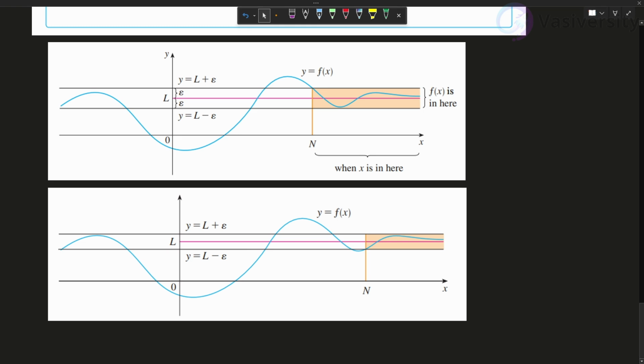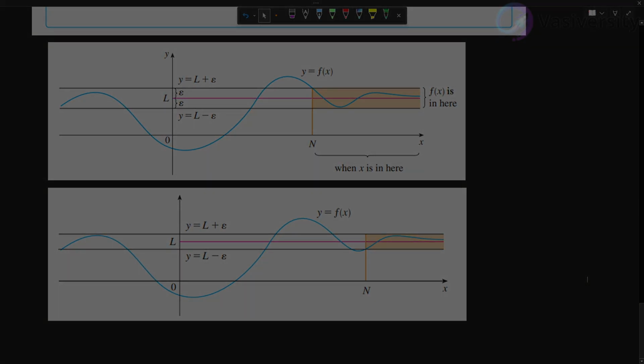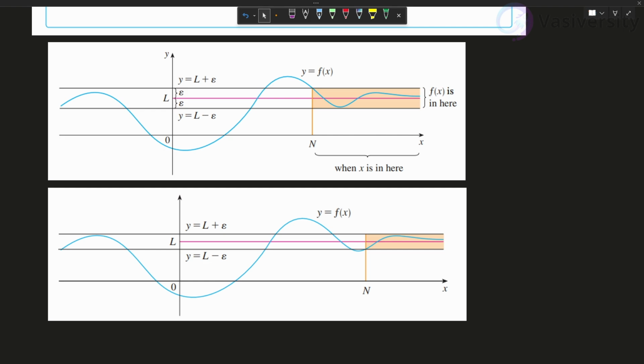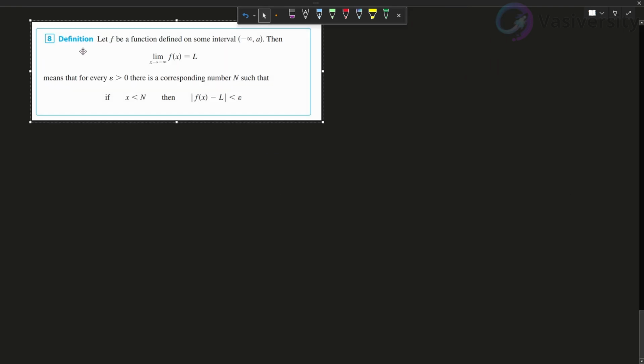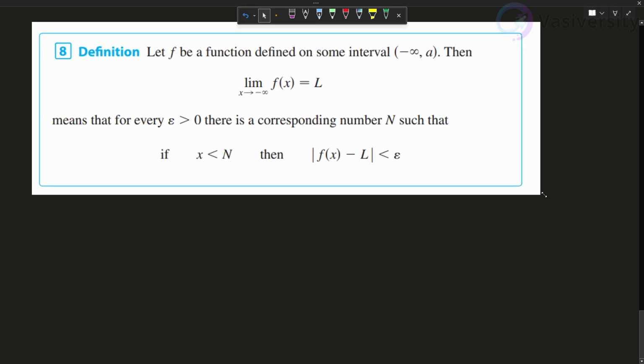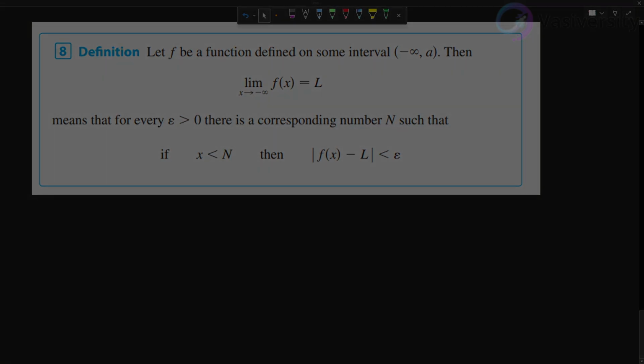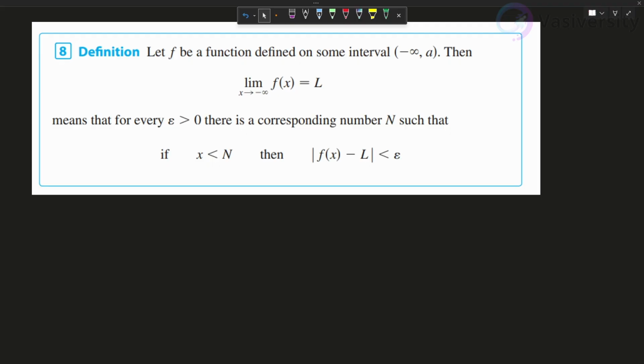Same thing we can do for the limit to negative infinity. The official precise definition: let f be a function defined on some interval from negative infinity to a. Then the limit of f of x as x approaches negative infinity is equal to L means that for every epsilon greater than 0, there is a corresponding number n such that if x is less than n, then the absolute value of f of x minus L is less than epsilon.